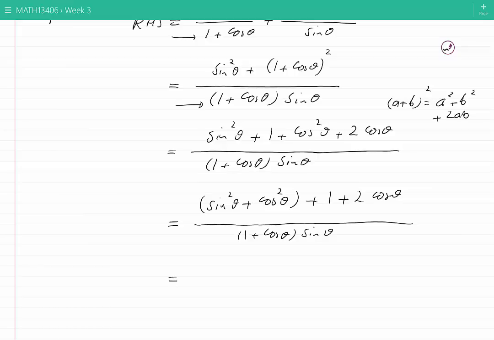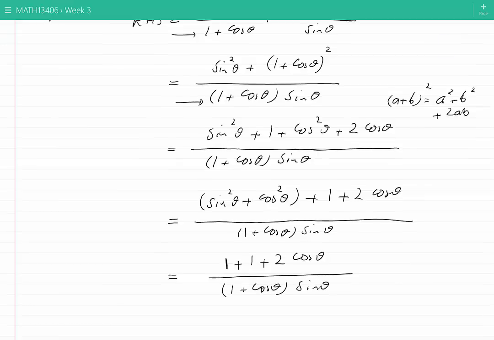Now instead of sine squared theta plus cos squared theta, I can write 1, and then I also have 1 plus 2 cos theta divided by 1 plus cos theta times sine theta.